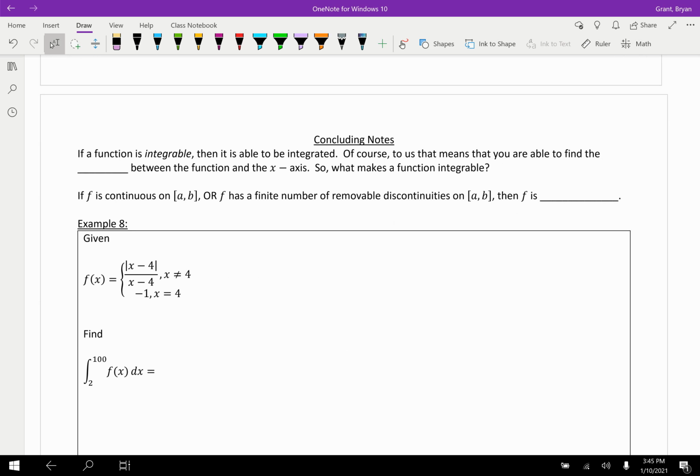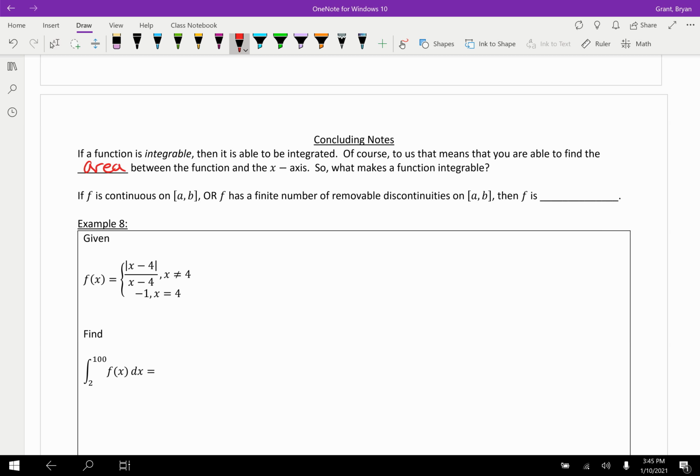Now, to us, working with definite integrals, if a function is integrable, then that means we are able to find the area, the signed area, between the function and the x-axis. So what makes a function integrable? Well, luckily, this is the same as pretty much all of our theorems so far this year. And this isn't presented as a theorem, but it really kind of is one.